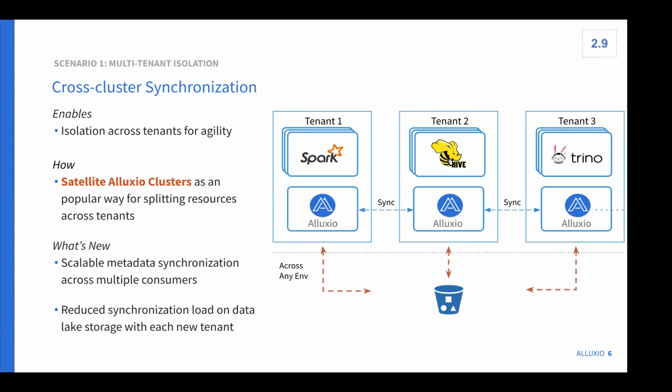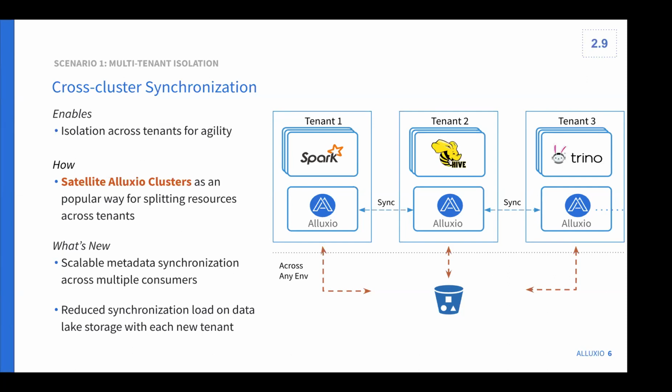So this new feature that we're introducing, like I said, it's the first time multiple instances of Alluxio are aware of each other. So in case updates are originating in one tenant, that tenant is able to push these event updates to maintain a consistent view of data across different Alluxio clusters as well.